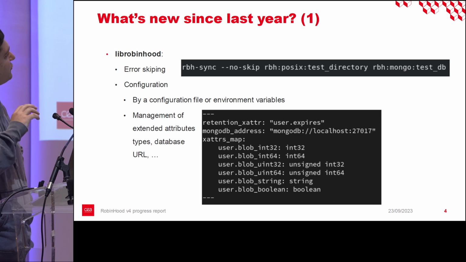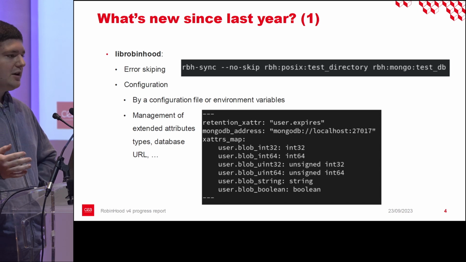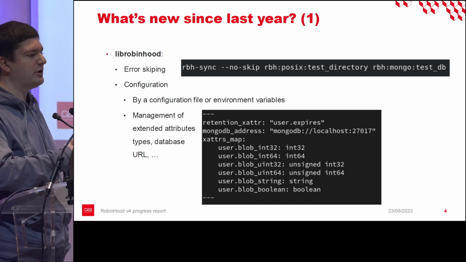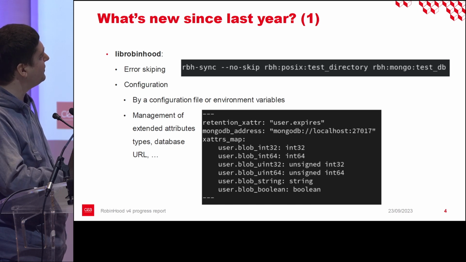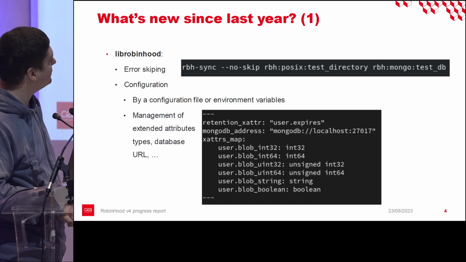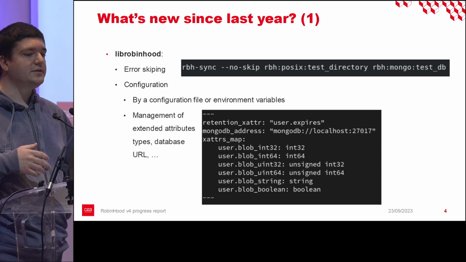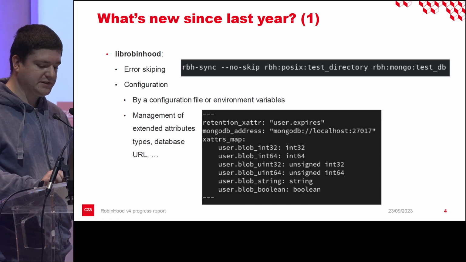So we changed the default behavior to instead skip all entry-related errors, but keep the failure on program-related errors, such as memory issues. To default back to the old behavior, we added this small option, the no skip flag, to say if there is an error, whether it's entry-related or not, we instantly stop the program.